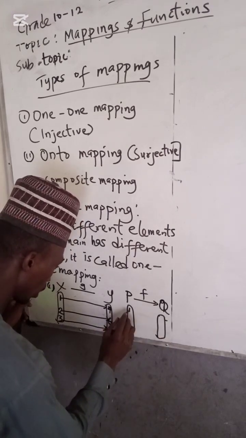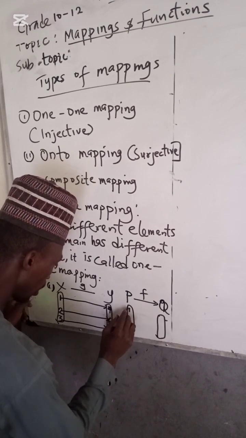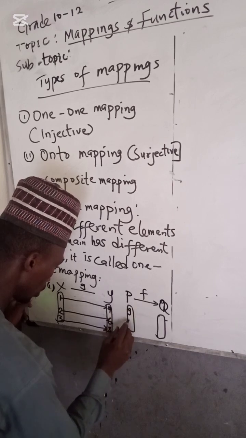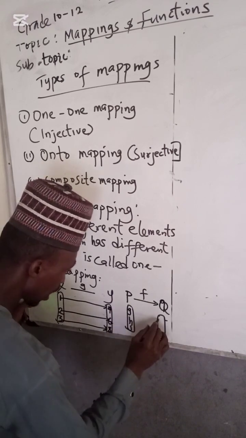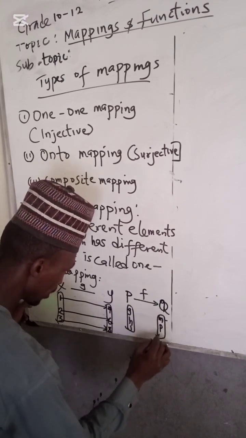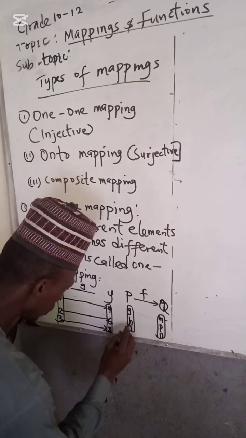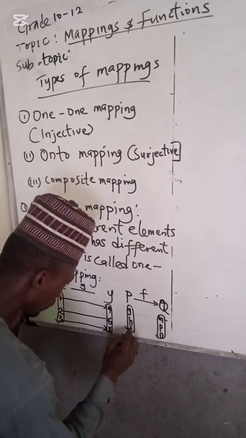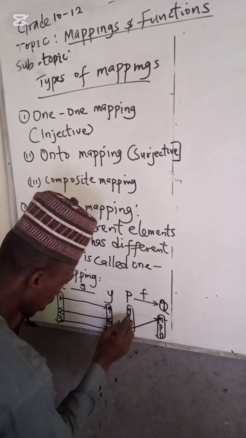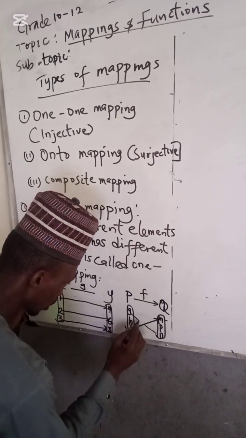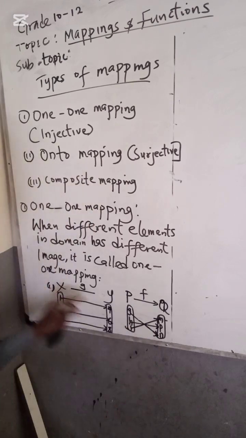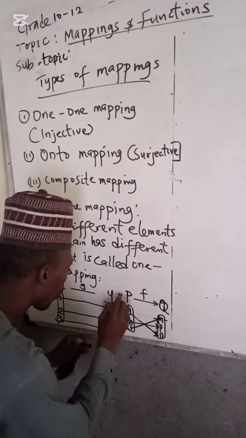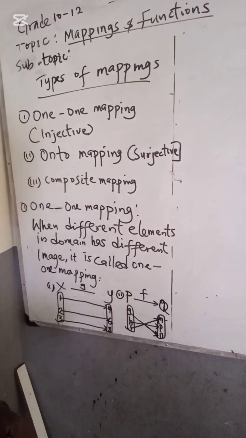We have G, H, I, J. You now have M, P, N, for instance. Now look at this. The image of J here is M. The image of G is N. The image of H is P. This is also an example of one-to-one mapping.